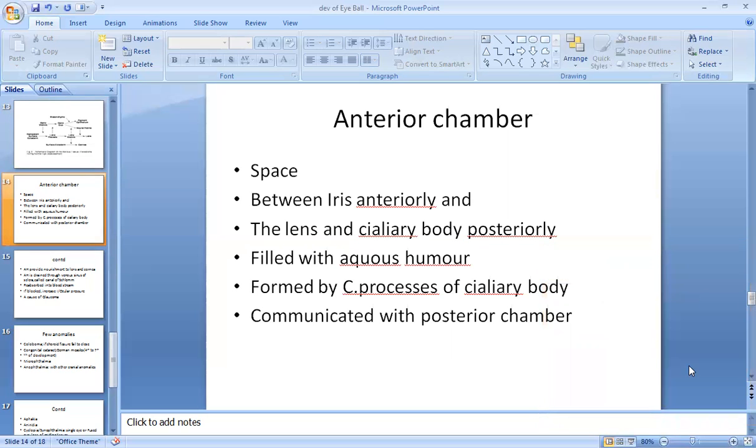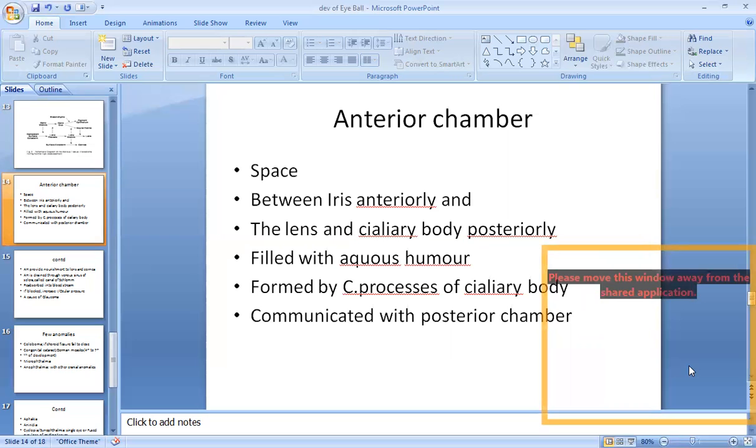As I told you, this aqueous humor is formed by the ciliary processes of the ciliary body. And this fluid communicates with the posterior chamber through the pupil. The pupil is a space between the anterior chamber and posterior chamber, and this is a clear fluid responsible for circulation and gives nourishment to the avascular cornea and lens.